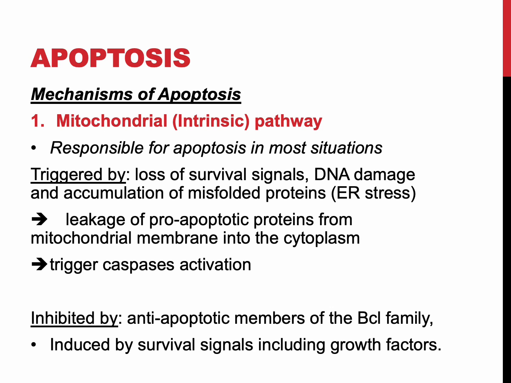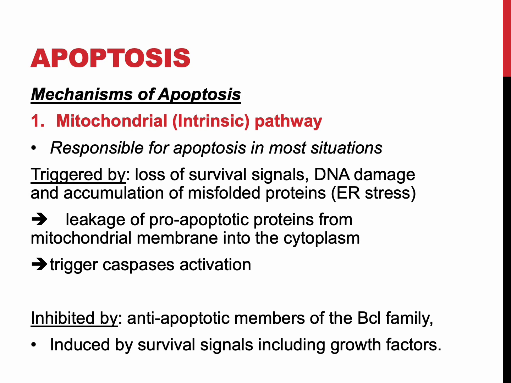The first, most common mechanism of apoptosis is the mitochondrial intrinsic pathway. This pathway is typically triggered when you have a cell that loses survival signal, or a cell that has a lot of DNA or protein damage. What happens is that the mitochondria leak pro-apoptotic protein into the cytoplasm, and that will trigger the activation of caspases, leading to apoptosis.